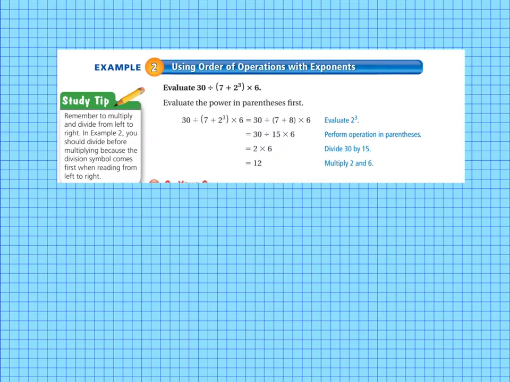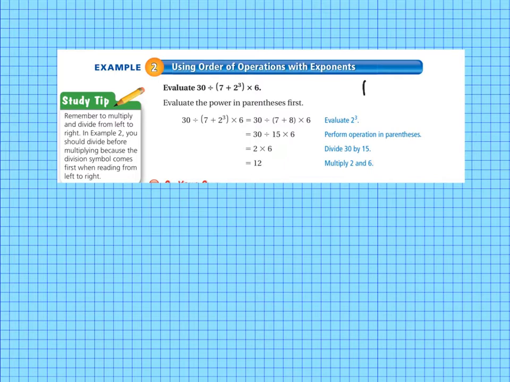Example 2, we're going to use order of operations with exponents. So you've learned exponents in a previous lesson, so you need to think back on how exponents work. So we're evaluating 30 divided by the quantity 7 plus 2 to the third power, times 6.